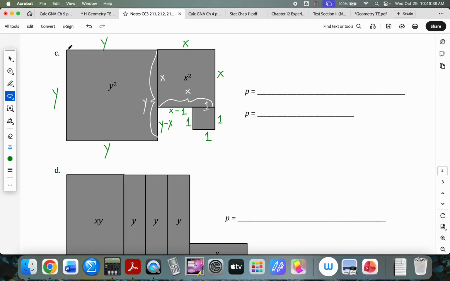So again, pick a place to start. If you start somewhere else and go a different direction, that's fine. So y plus x on the top, x plus 1 on the right, 1 here on the bottom, 1 here on the left, an x minus 1 on the bottom, a y minus x over here on the right side, and then 2 more y's.